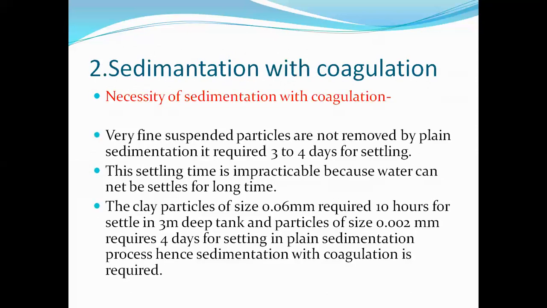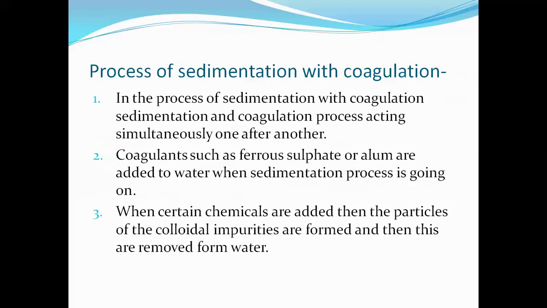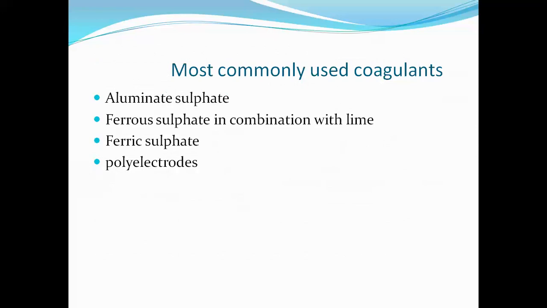After that, the second type of sedimentation is sedimentation with coagulation. In this, the sedimentation and coagulation processes take place simultaneously. Then we had discussed the process of sedimentation with coagulation. Then we had discussed the most commonly used coagulants. There are four most commonly used coagulants. First is aluminium sulfate.